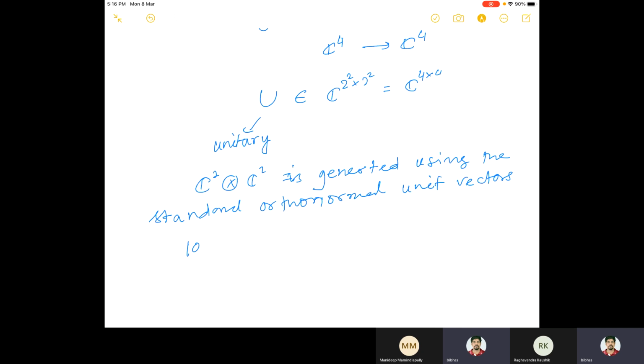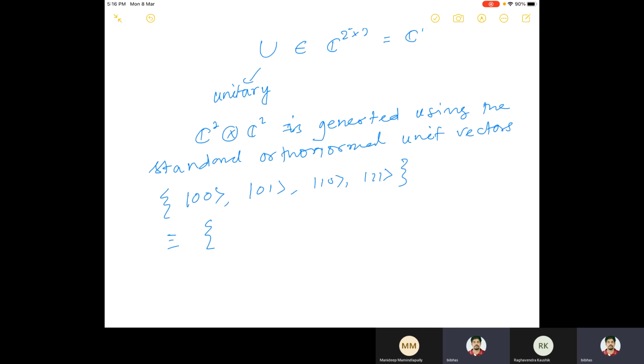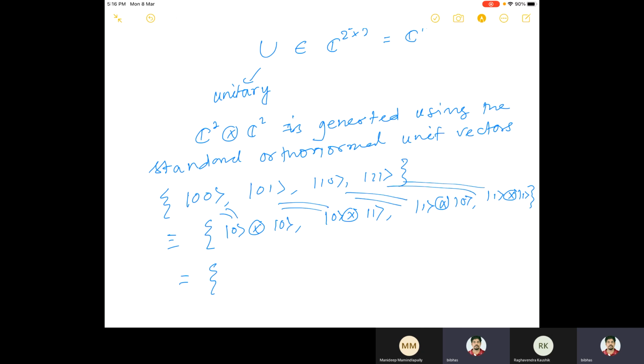Let me denote them like 00, 01, 10, and 11. This is a set of orthonormal vectors. So 00 means 0 tensor 0, 01 means 0 tensor 1, 10 means 1 tensor 0, and 11 means 1 tensor 1. So this is ordered: first, second, third, fourth.